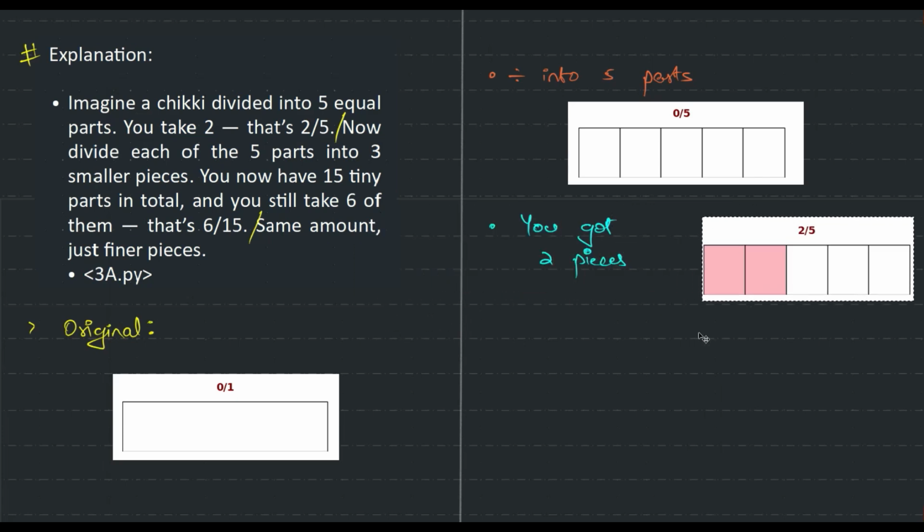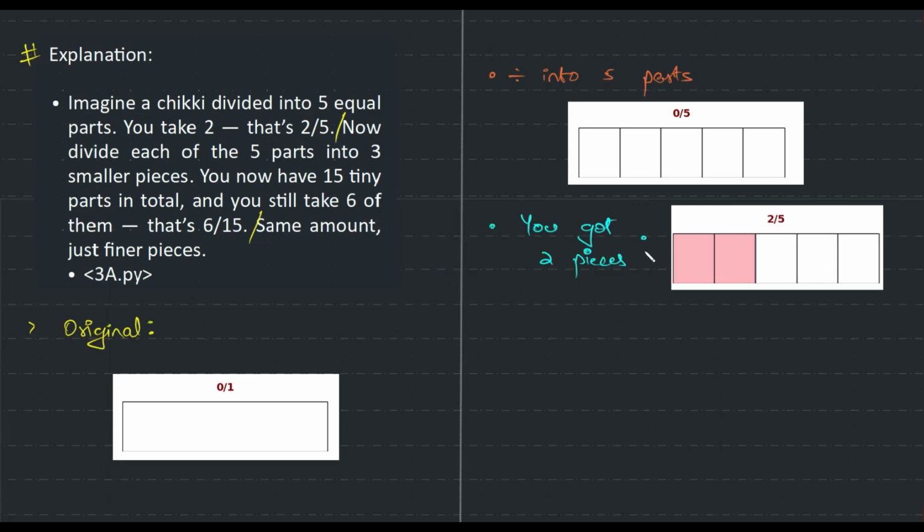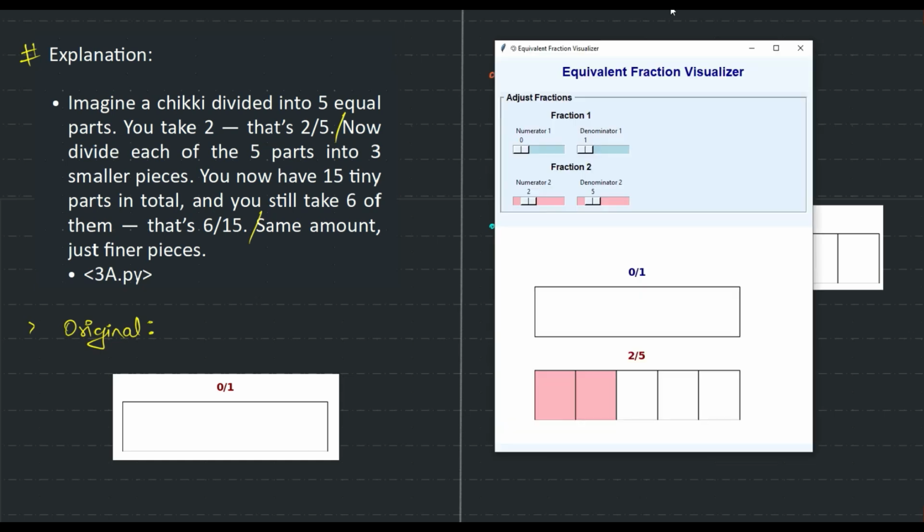You end up doing this, but you find out that these are too big for you to consume in one go. It's better to divide further, make it into smaller pieces. So this is a different scenario. That piece you ate, now you are dividing into 15 pieces.